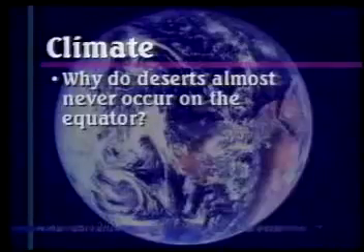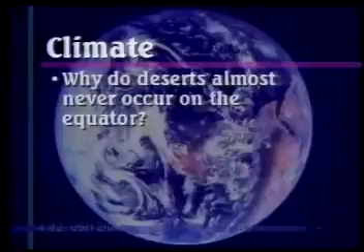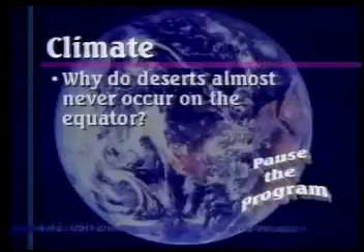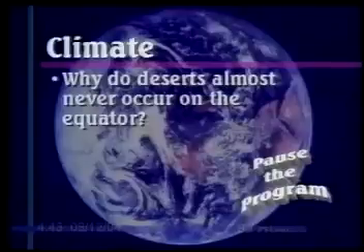Why do deserts almost never occur on the equator? I need to pause the program and think about that one. All right, remember our constant hot air rises and falls. It's the convection type of precipitation. The land cools during the evening so that you have a cool mass of air.